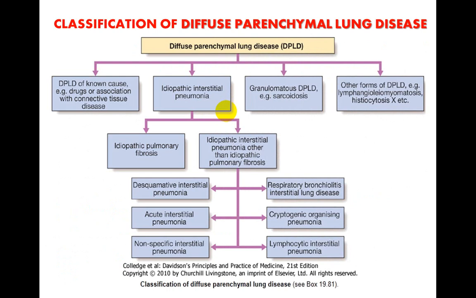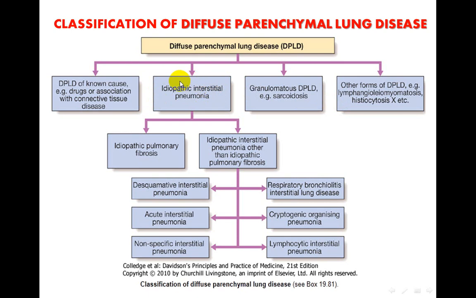This slide shows the classification of diffuse parenchymal lung diseases. It includes diffuse parenchymal lung disease of known cause; second, idiopathic interstitial pneumonia; third, granulomatous diffuse parenchymal lung disease, for example sarcoidosis; and fourth, other forms of diffuse parenchymal lung disease, for example histiocytosis X or lymphangioleiomyomatosis.